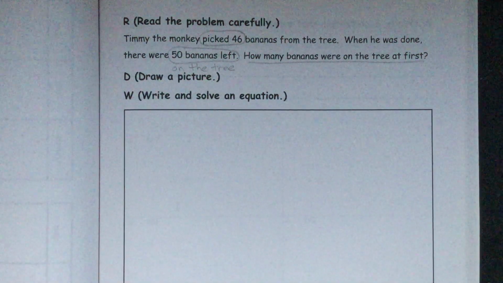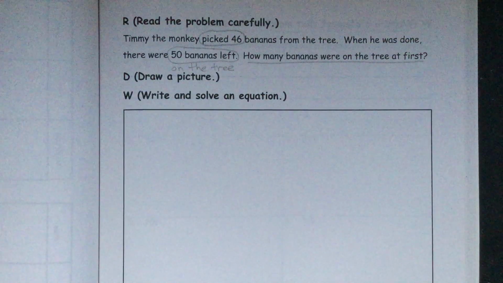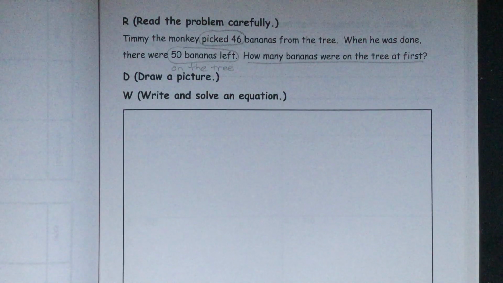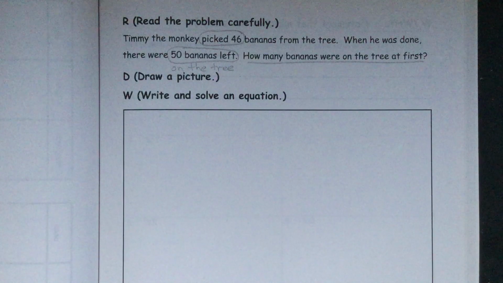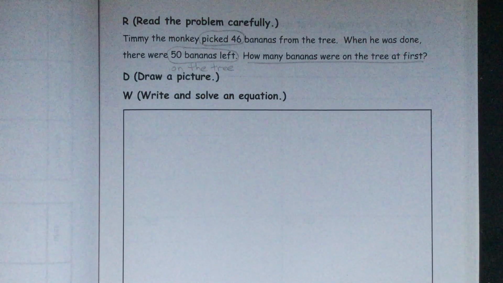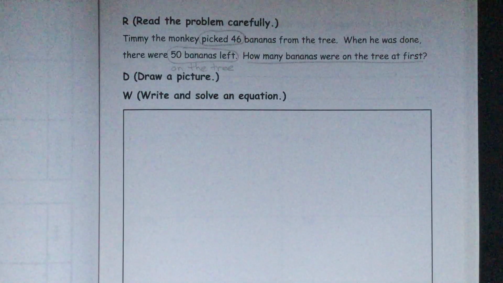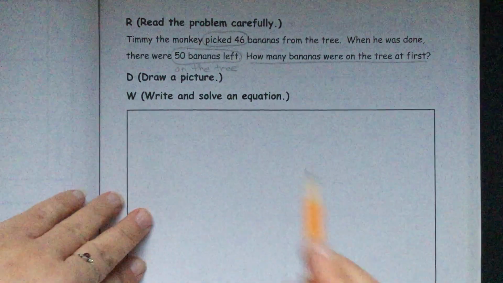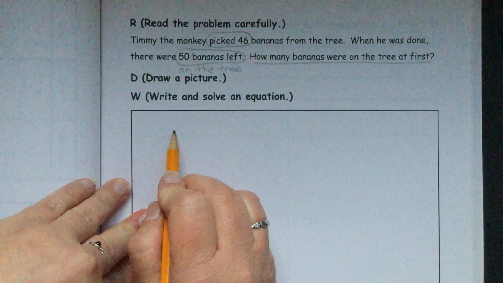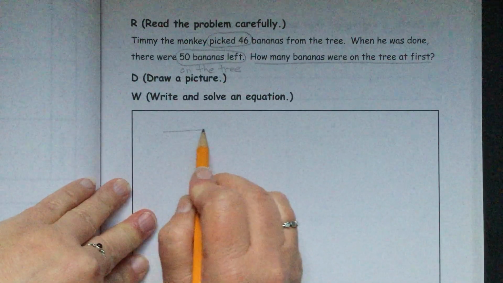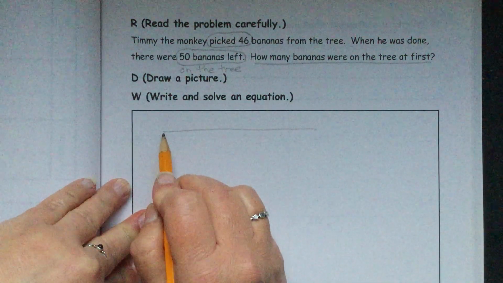There we go. So, he picked 46 bananas from the tree. Okay, and then we found out that there were 50 bananas left. So let's write out a tape diagram for this. Okay.